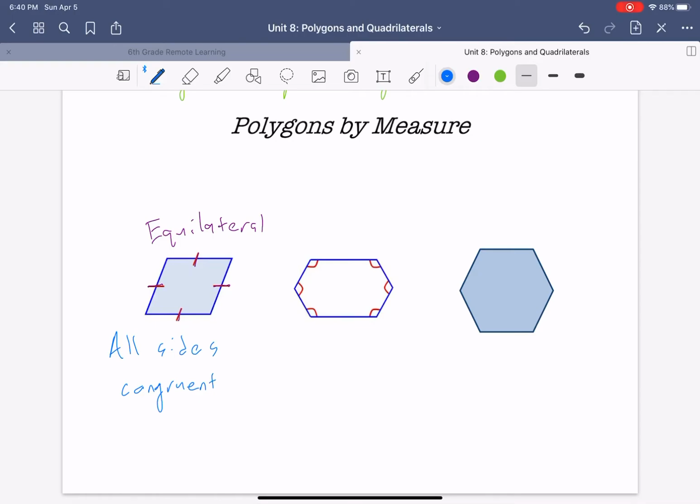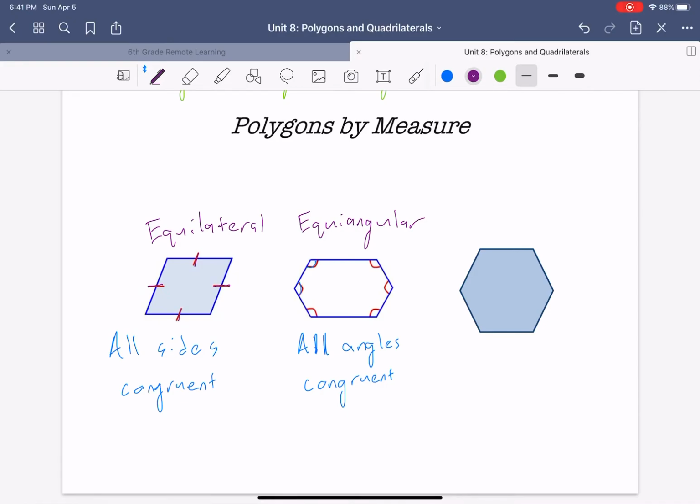Okay, and then for the next one, you can see there are markings on all of the angles. So in this case, all angles are congruent. And this is called equiangular.